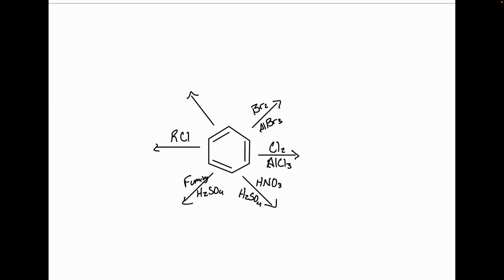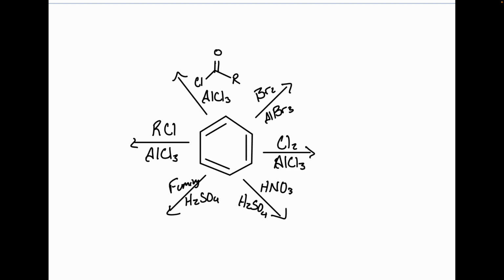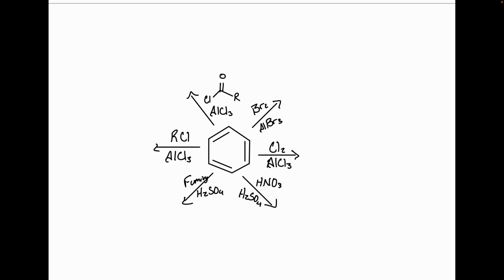We can use these R groups for our alkyl groups. That stands for insert any amount of carbons and hydrogens that you like. But these are the 6 reactions that I want you to create this little wheel for.